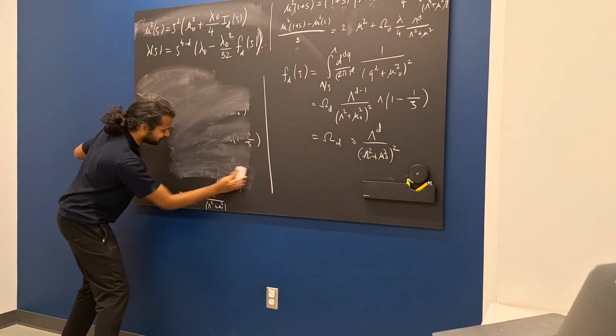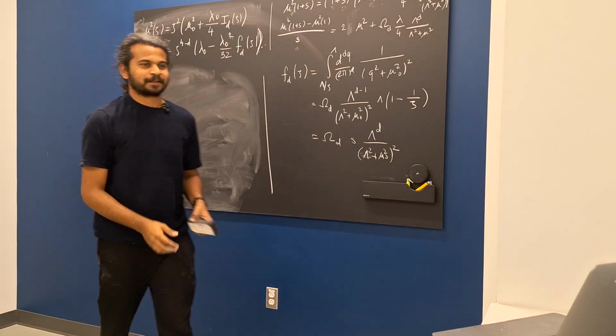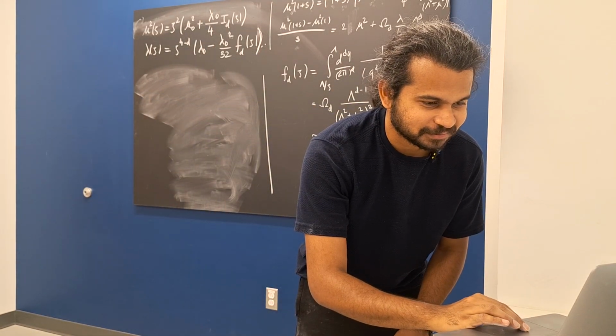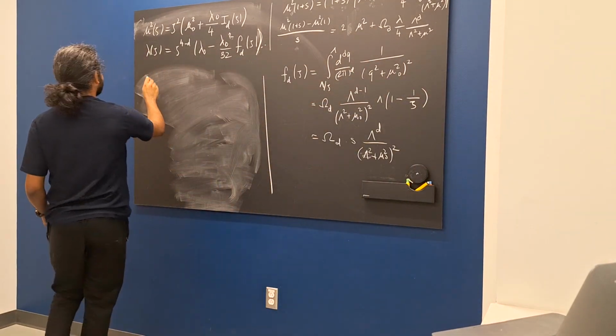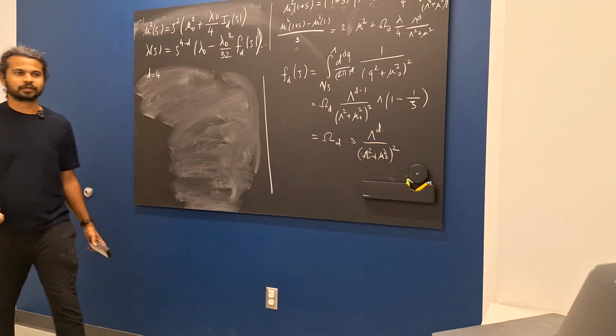That board was awesome because we had a lot of space. So now I'm going to just do some rescaling to make this equation wonderful. First, let's do d equal to 4, which is the first case that we wanted to look at.